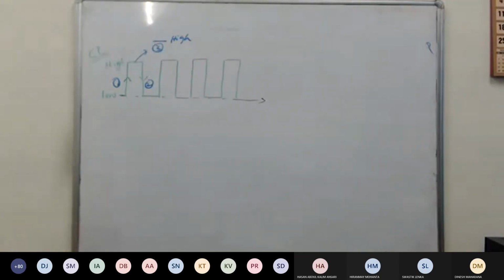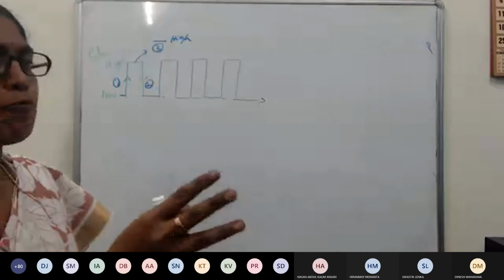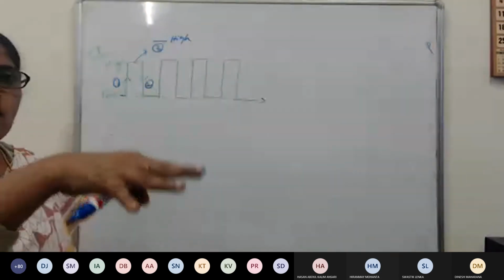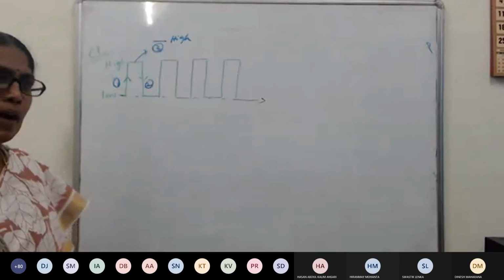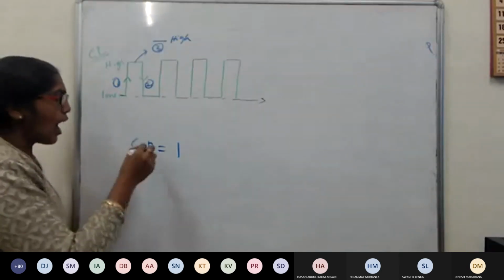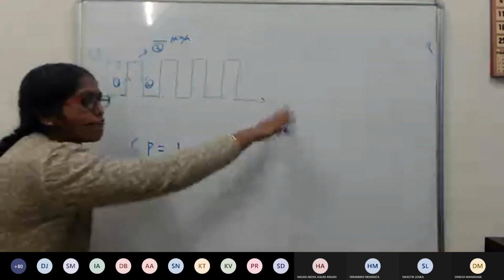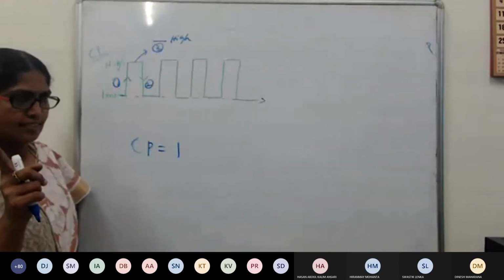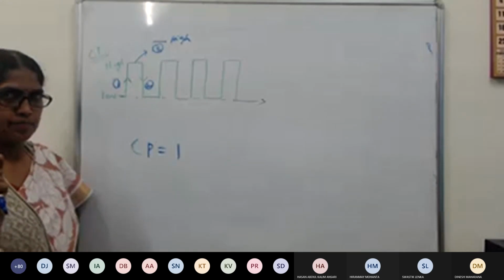Now, earlier in your flip-flop analysis, I said keep CP, the clock pulse, as 1. What do you mean by that? The clock pulse is always maintained at 1. So, at that one position only, every drama is going on in the other gates. Is that correct? Yes, ma'am.